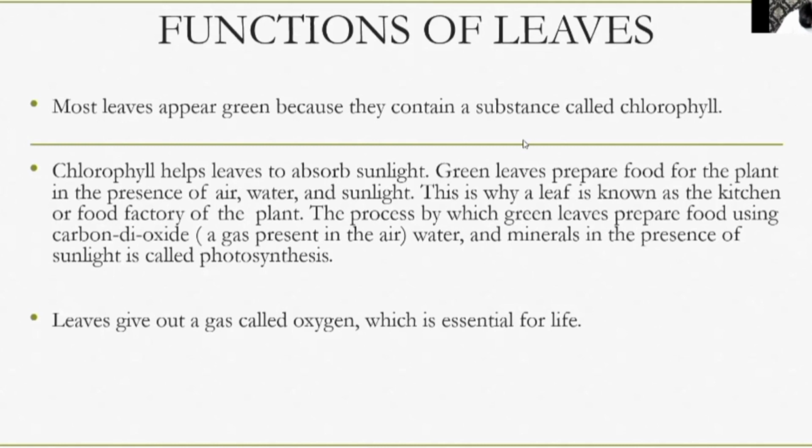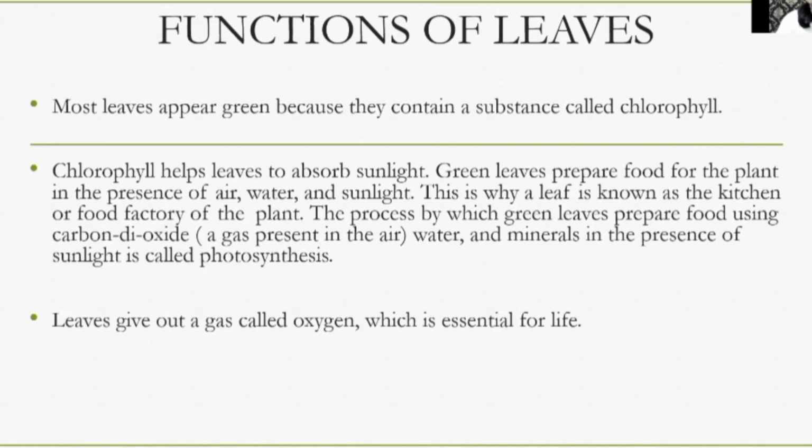Now, the process by which green leaves prepare food using carbon dioxide, that is the air we are talking about, water and minerals in the presence of sunlight is called photosynthesis. So this process where the green leaves make their own food is called photosynthesis.